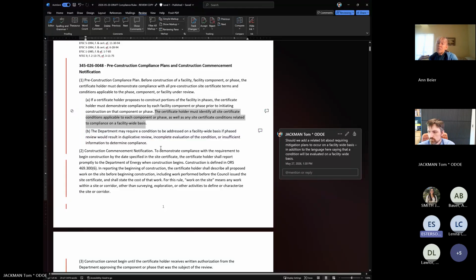All they have to do is say, this is my phase or my component or whatever. Here are the conditions that apply. They apply to this thing as well as the whole thing. And by satisfying it now, I also satisfy it later because there's no difference. Map that out. I think if that was understood in A, you don't need B.